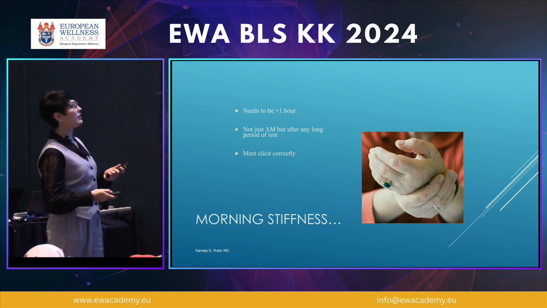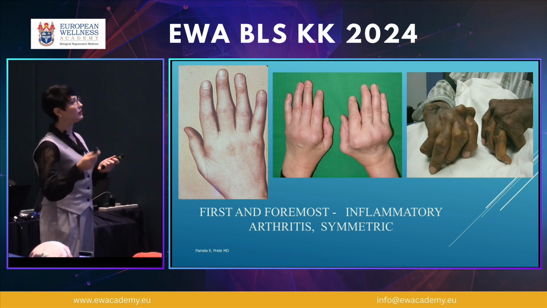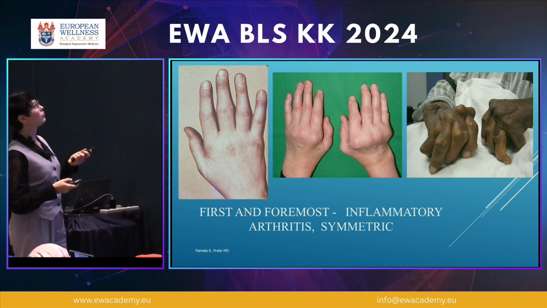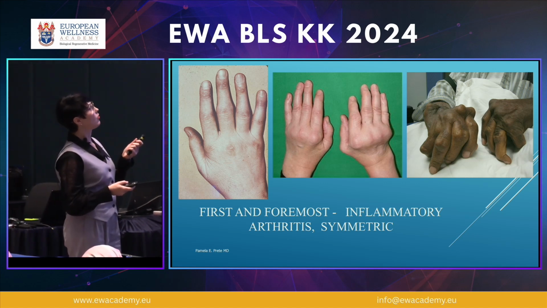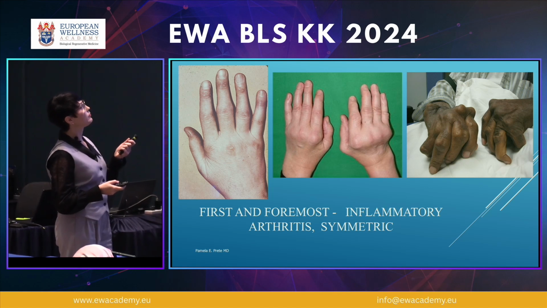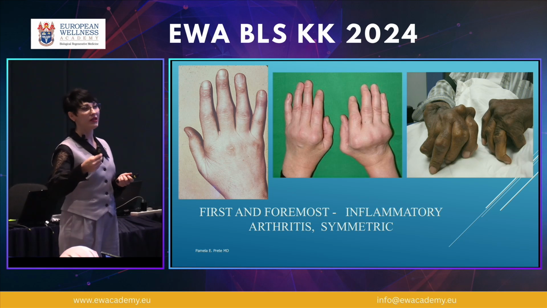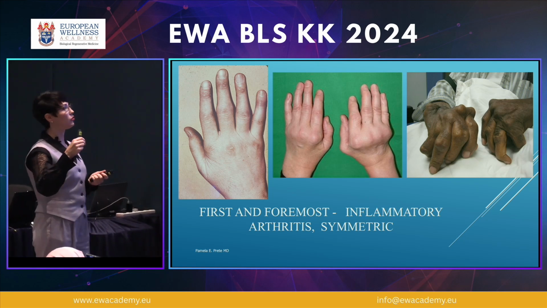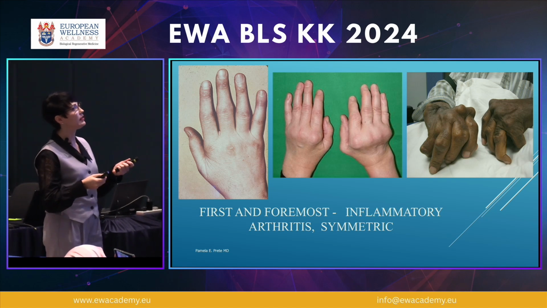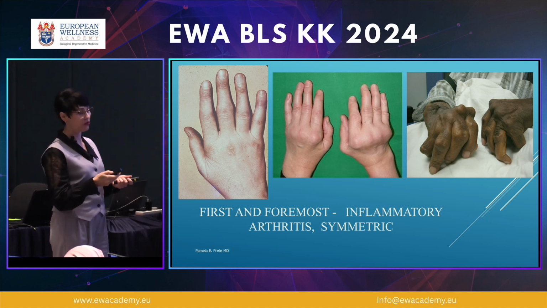So the main difference is morning stiffness, and also how we can differentiate osteoarthritis and rheumatoid arthritis is the location of joint affection. Typical for rheumatoid arthritis are the proximal interphalangeal joints. The special changes inside the joint surface cause dislocation of the joint and severe deformation. You can never see this deformation in osteoarthritis.